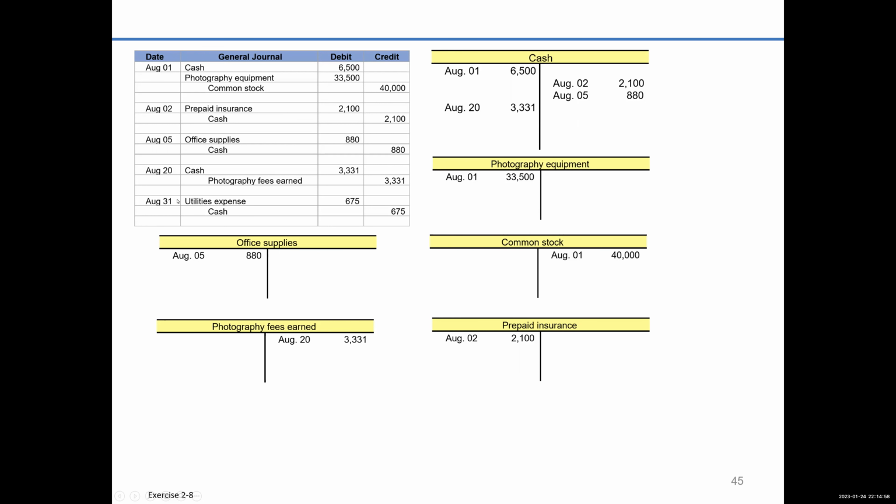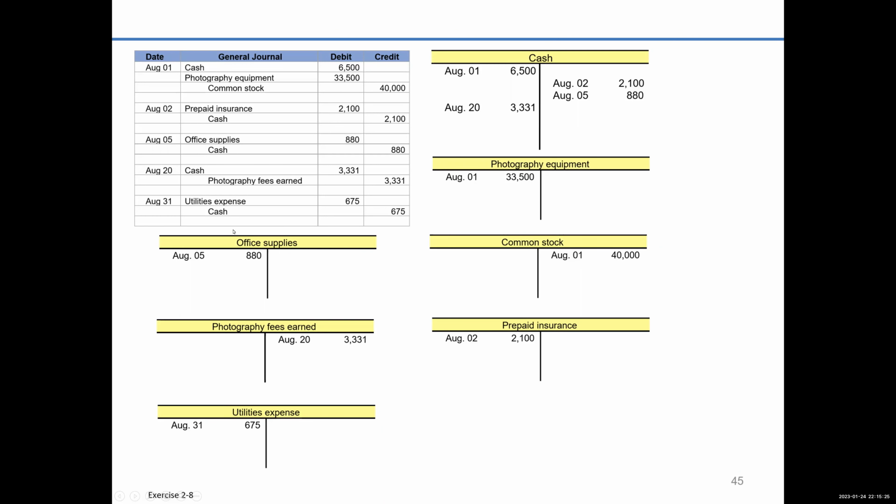We just have one more to do, August 31. We have utilities expense, $675. I don't see utilities expense, so we need to get a T account going. There it is. And so we're going to post that debit to utilities expense of $675. So it goes over here, debit $675.